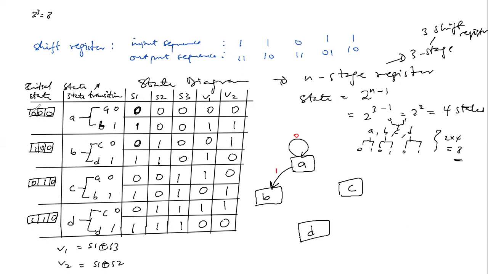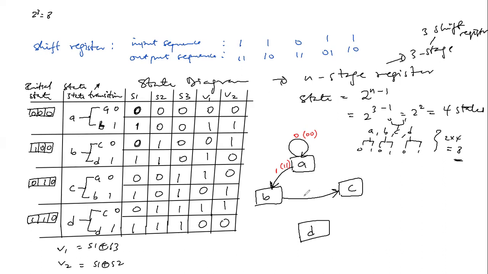And then the output for this is 0, 0. So let's plug in the 0, 0 bracket. And then the output for this from state A to state B is 1, 1, right? Then we have state B moves to state C, and a 0 is emitted.